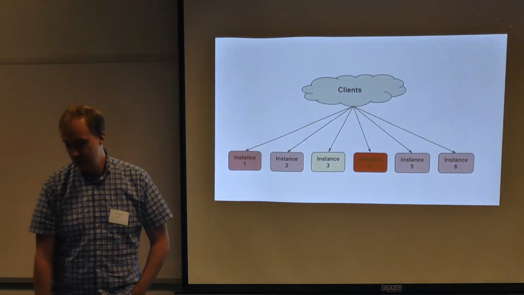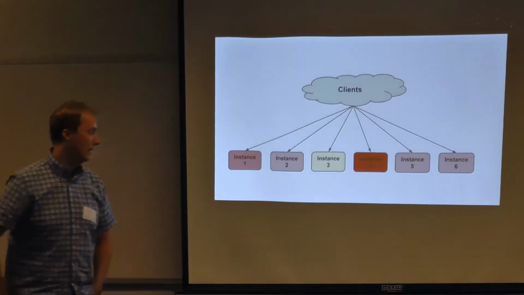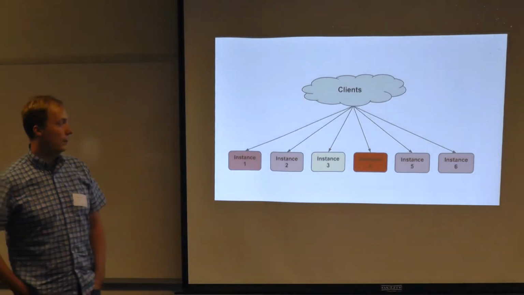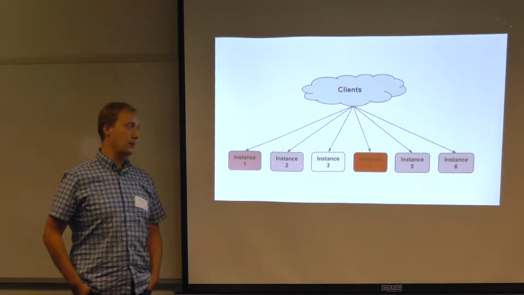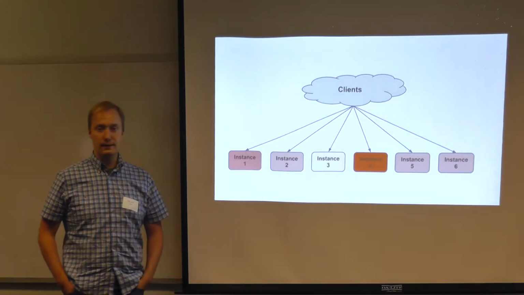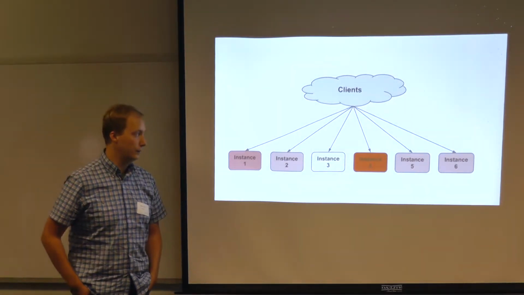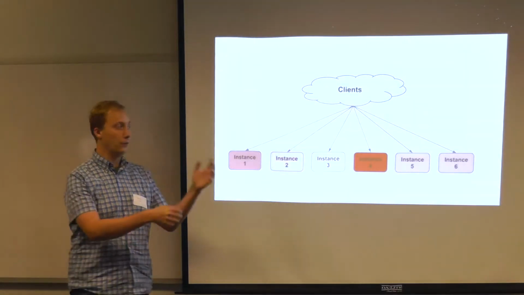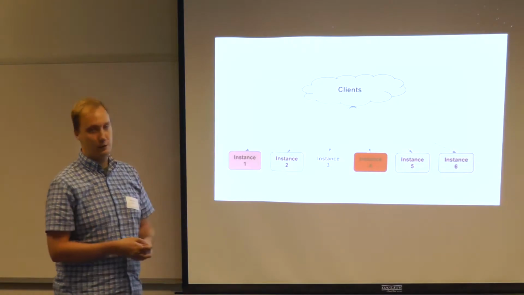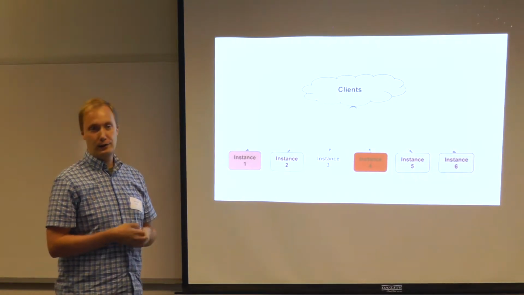But in reality, oftentimes you have instances that are behaving slightly differently. They're performing at different levels. Maybe these instances are machines, and instance 4 over here is on a machine that happens to be scheduled with a bunch of other work, and it's slower than other ones.